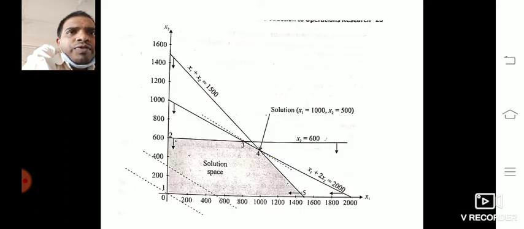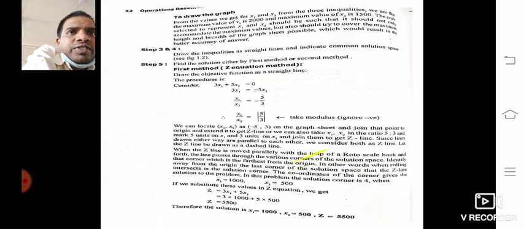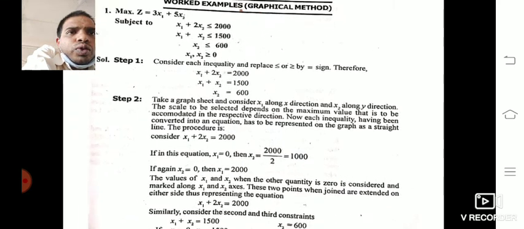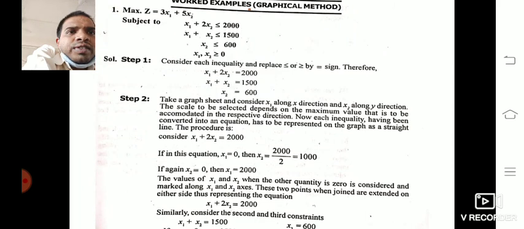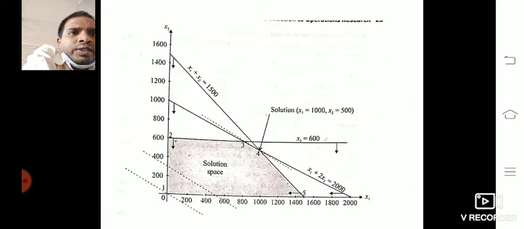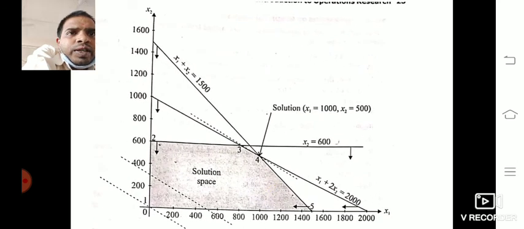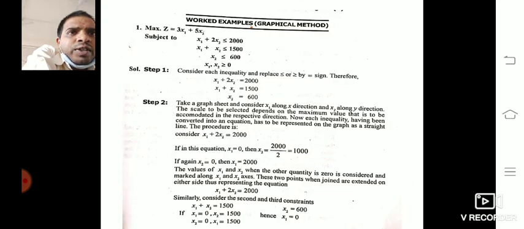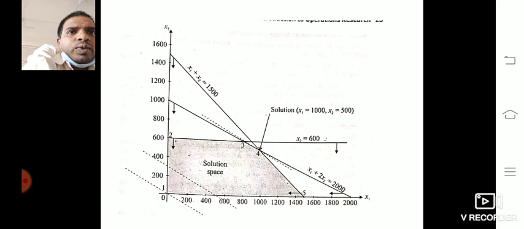Now come to the first constraint, where x1 is 2000 and x2 is 1000. Just mark x1 as 2000 and x2 as 1000. For the first constraint, the symbol given in the problem is less than or equal to 2000, so that constraint says the feasible solution space is towards the origin, so we have marked the line towards the origin.